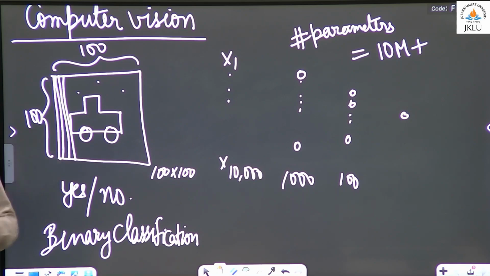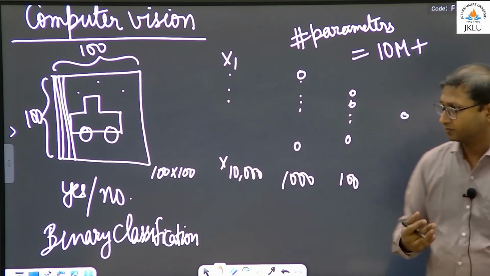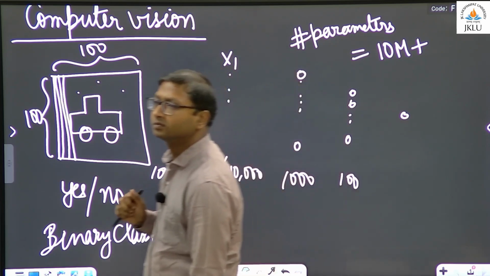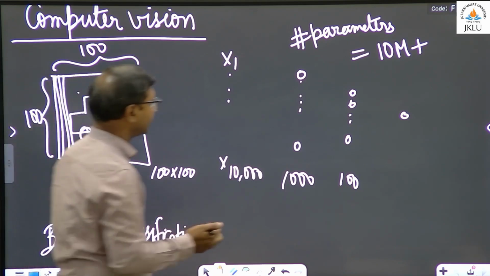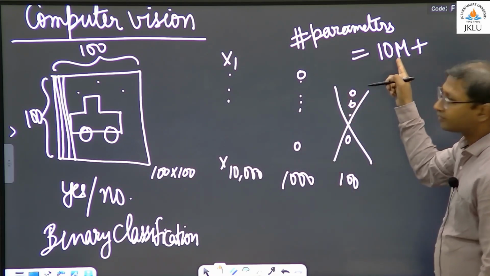What is good or bad with this? So, will this classify things? Yes. What is good or bad with this? Let's say even if I get rid of this, I still have this many parameters.